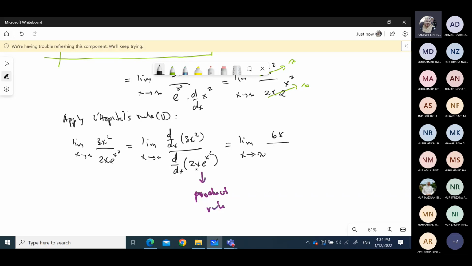The product rule is u v prime plus v u prime. So we have 2 exponent x squared plus 2x, you differentiate and you get 2x. So 2x times 2x, we will have 4x squared exponent x squared.